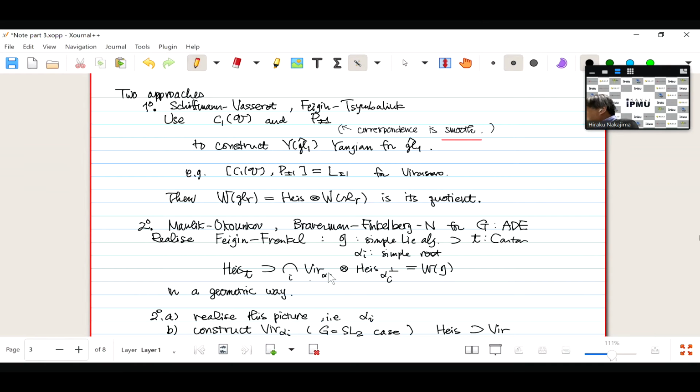This part is written in my paper with Braverman and Finkelberg in the appendix. The paper is basically a geometry paper, but in the appendix we carefully explain Feigin-Frenkel over the polynomial ring.